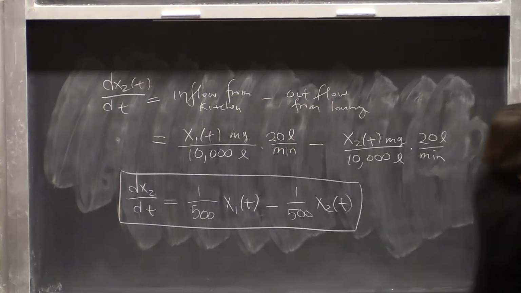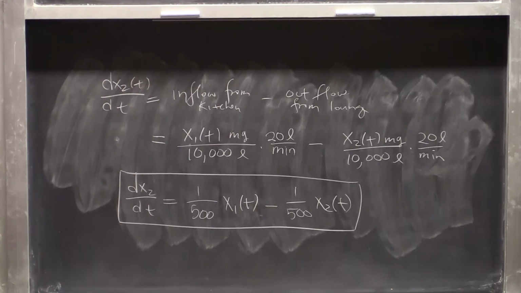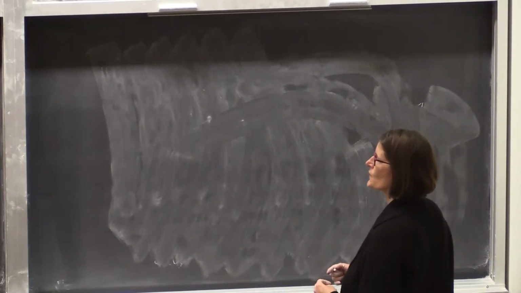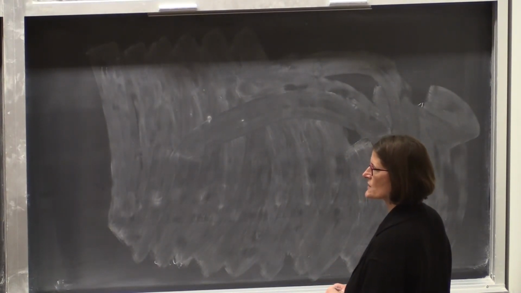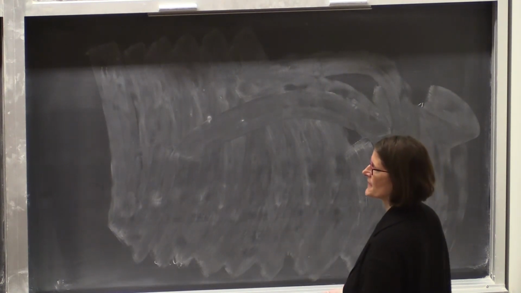So we're in this situation where we need to solve a coupled linear system. It's coupled because how x1 changes depends on x1 and x2. How x2 changes depends on both x1 and x2. The two unknowns are actually handcuffed together.